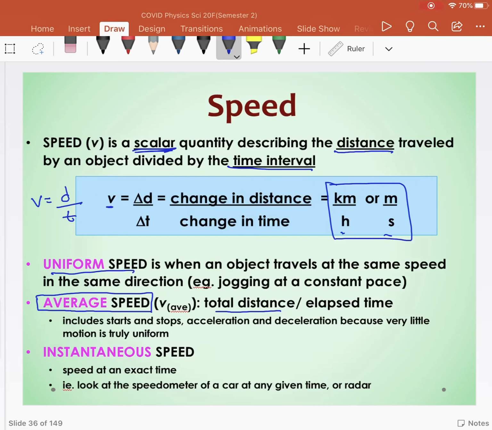Now, very little motion in real life is truly uniform, which is why we often use averages instead. Now, instantaneous speed is speed at an exact time. So this would be, for example, like a radar gun when the police record your speed at that time, right? You can't really make an argument and say, well, I was going slower, but I'm only speeding now, all right? So they are tracking your instantaneous speed.